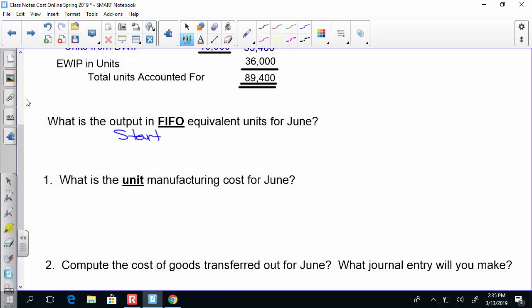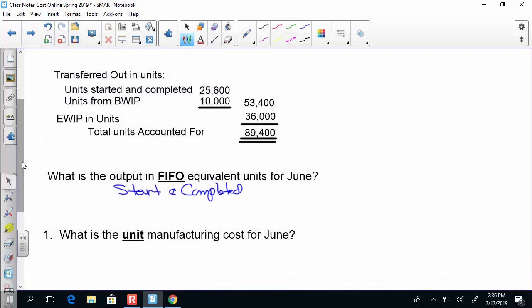And here, instead of the completed units, we've got to start with the started and completed units. I do have a math error here, I just noticed that. So I've got to take 53.4 minus 10, well obviously that would be 43.4. So I'm going to change this quick.